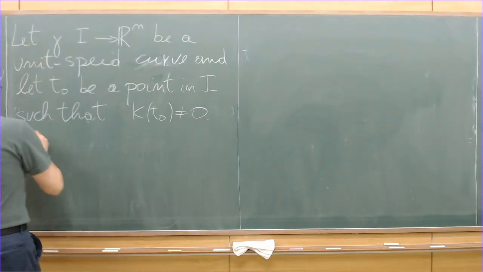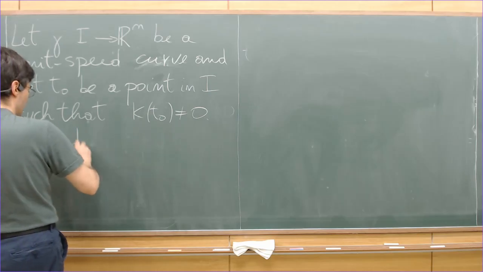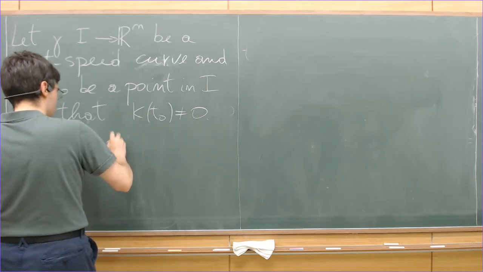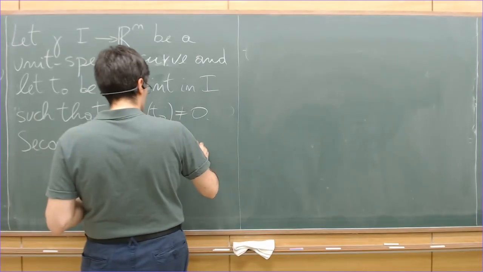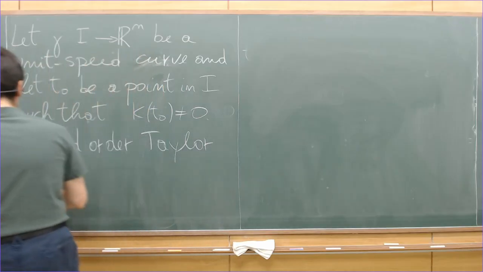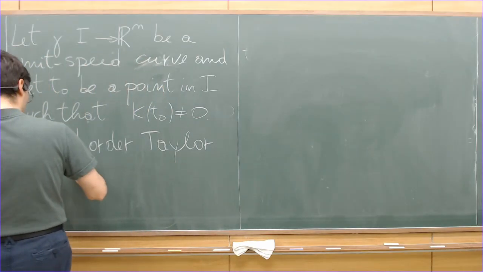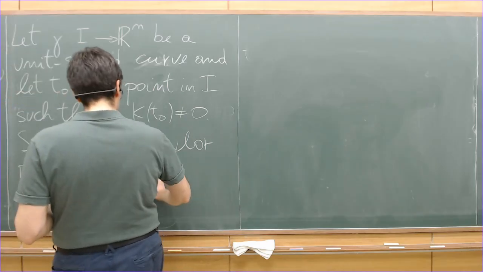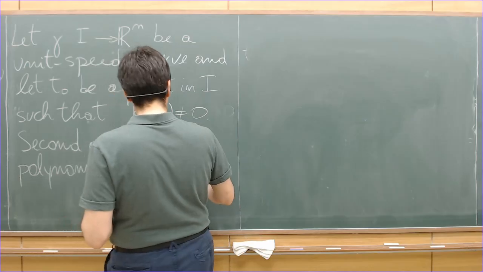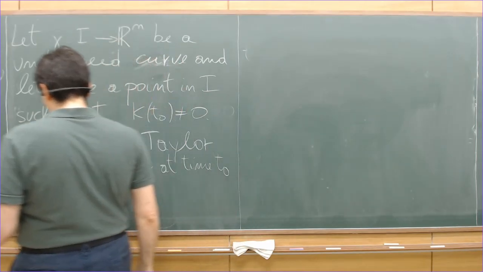Now let's consider the second order Taylor polynomial of gamma at time t0.